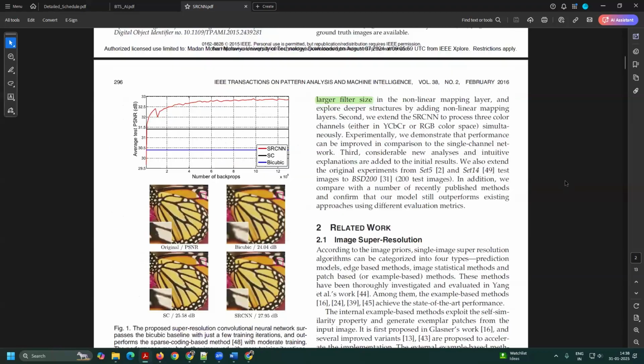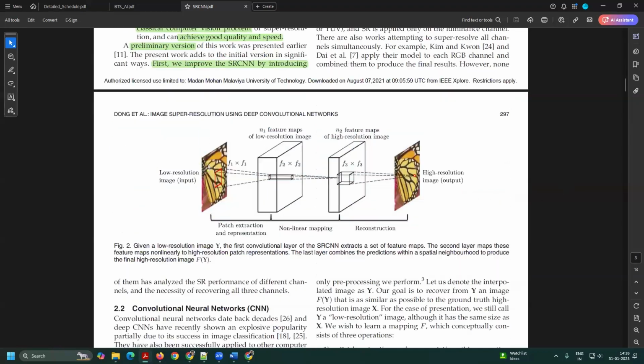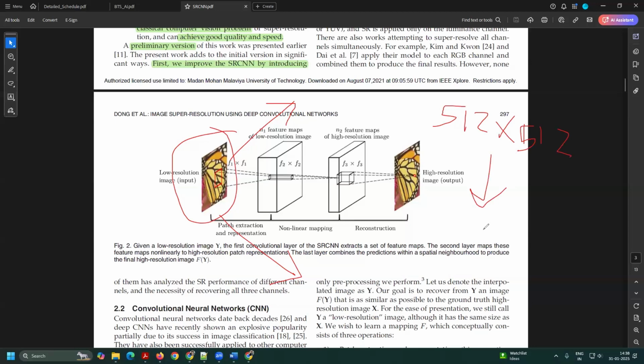What it does is it takes the input image and then upsamples it. Suppose we have a 512 cross 512 input image, then the goal is to first upsample it, and for that we have a parameter called upsampling factor. Suppose we are upsampling it by 2, it means the output image should be 1024 cross 1024.